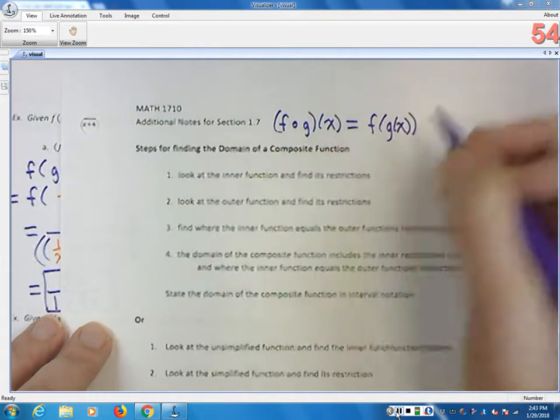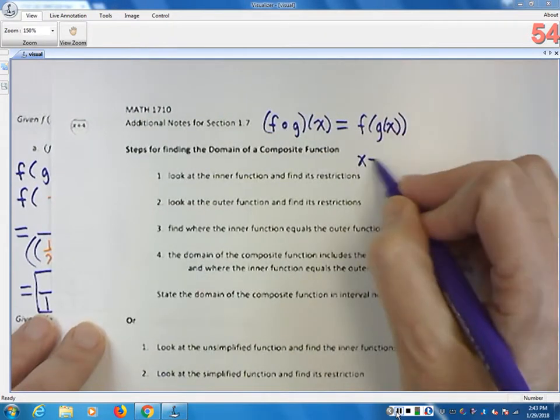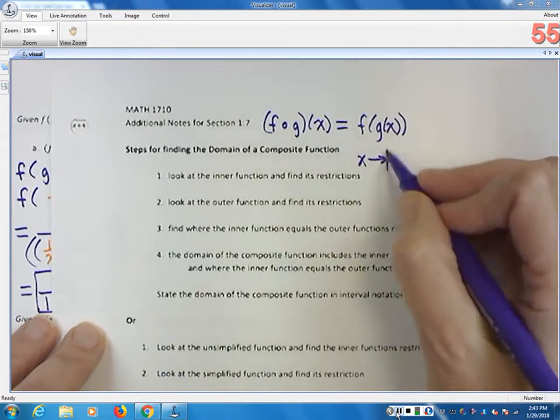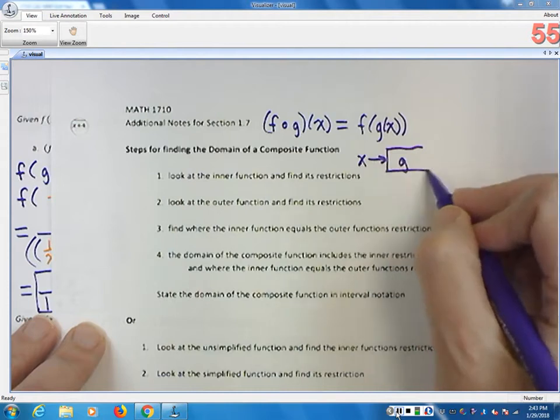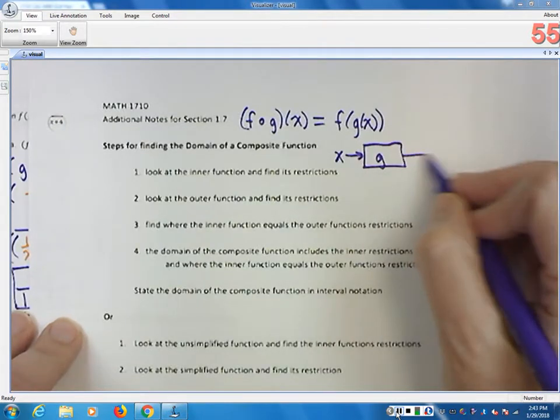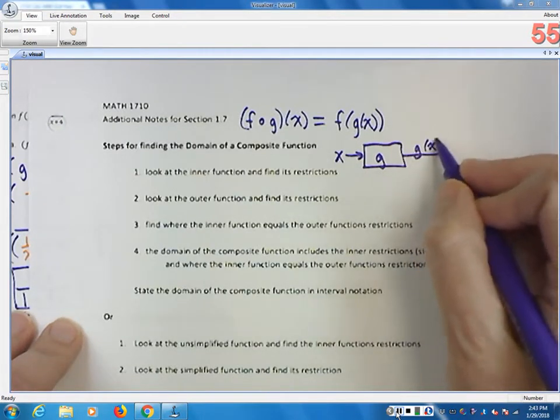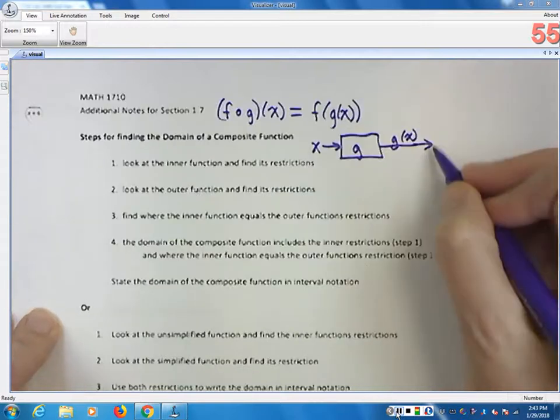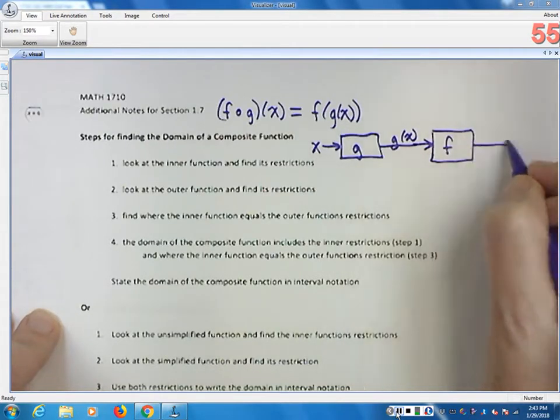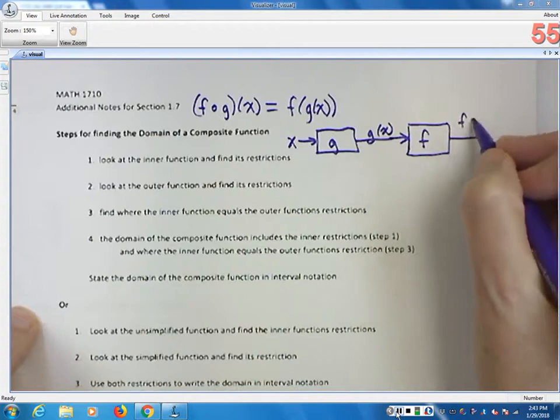The picture was that we had x going into the inner function, g, and then we have g of x going into the outer function, f, and then we have f composite g coming out.